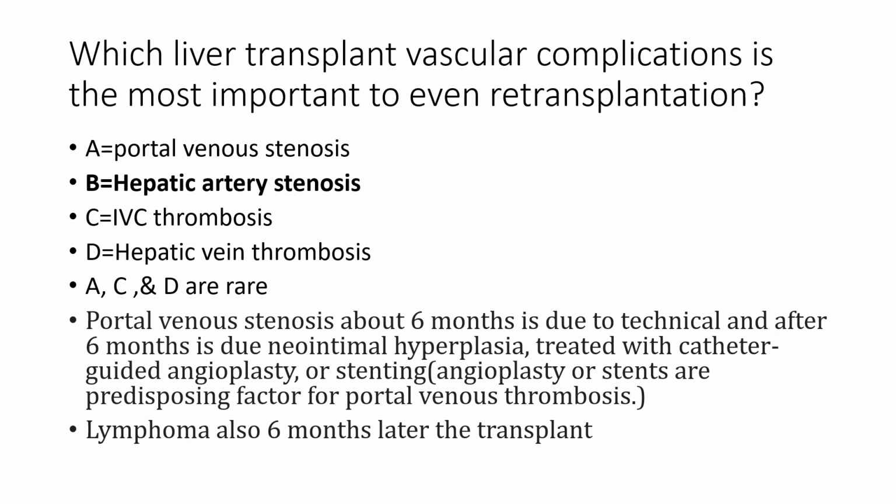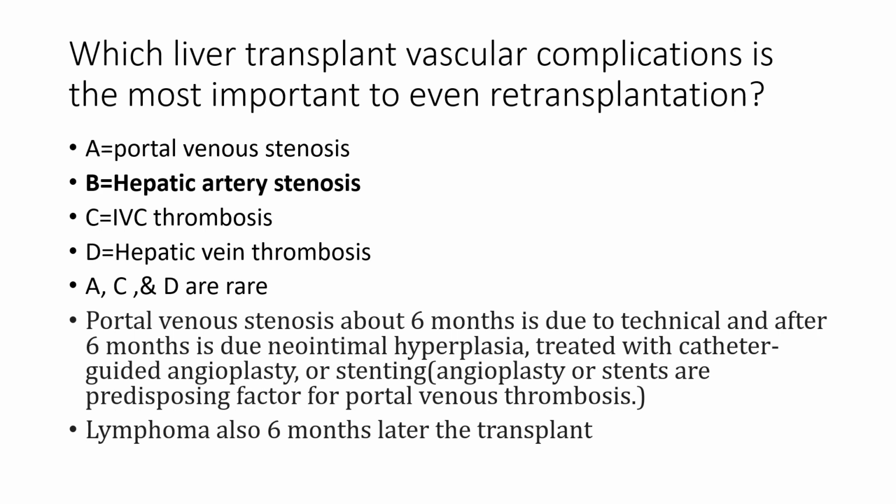So if we have hepatic artery stenosis, we have ischemia of the bile ducts and leak of bile, which is very dangerous, with abscess formation and a high mortality rate. So it is the most important point, which occurs in 2 to 12% of patients after liver transplant.